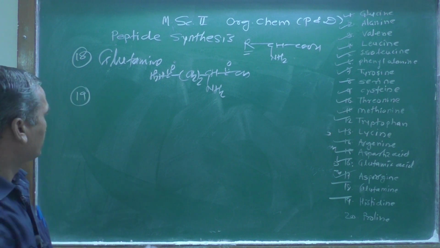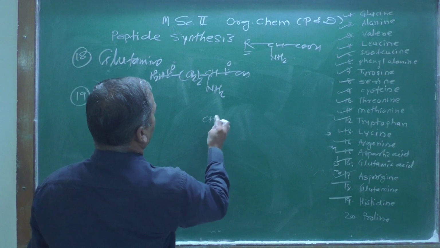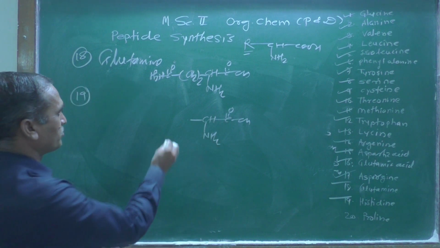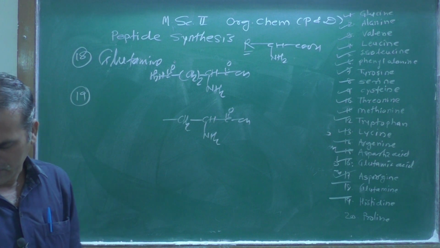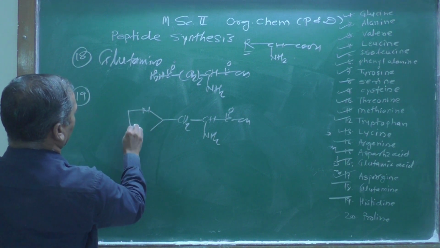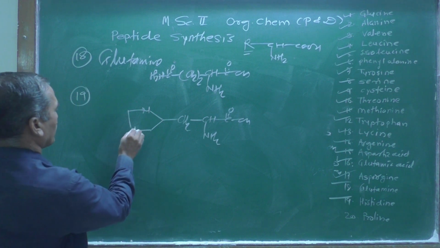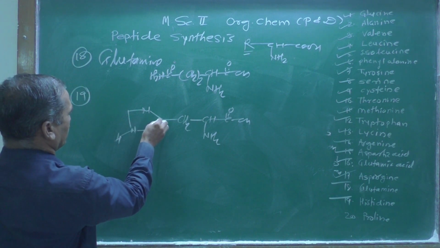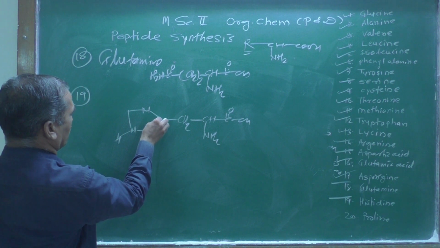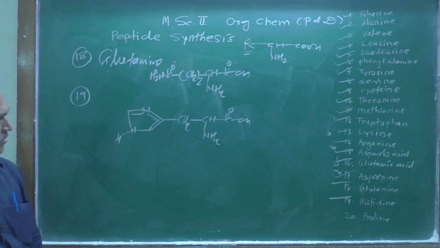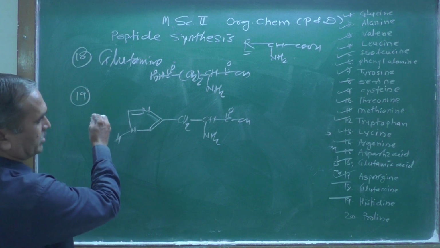The structure of histidine is this one again, CH, then C double bond O, OH, NH2, and this further attached to CH2, and there will be a five-membered ring with N, then N attached over here, H, with alternate double bonds here and here. So that is the structure of histidine.